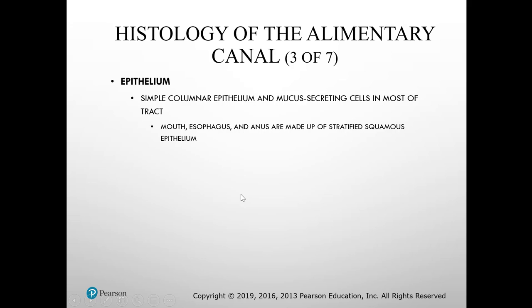So the epithelium of the alimentary tract is pretty much mucus secreting. It's actually made up of simple columnar epithelium, and it's mucus secreting cells in most of the tract.